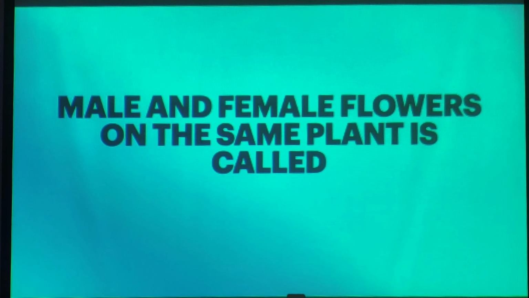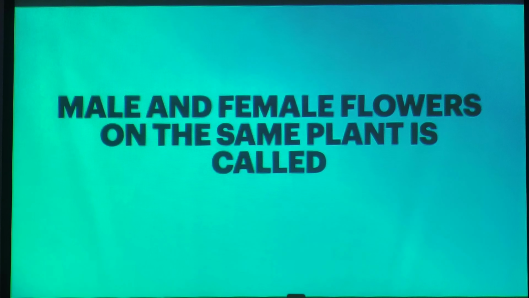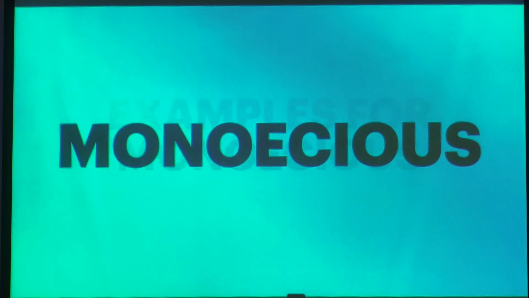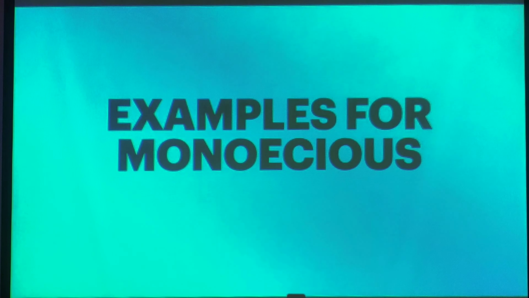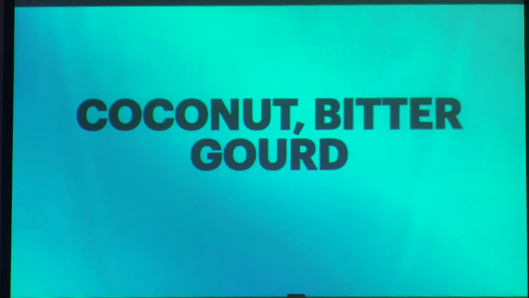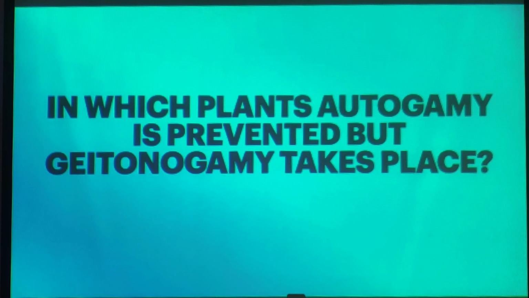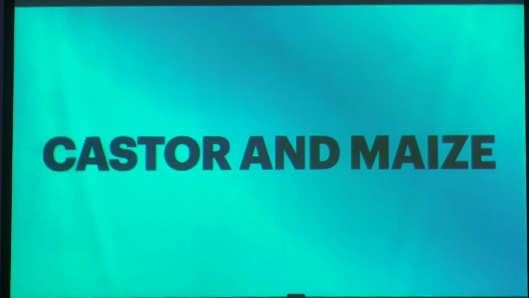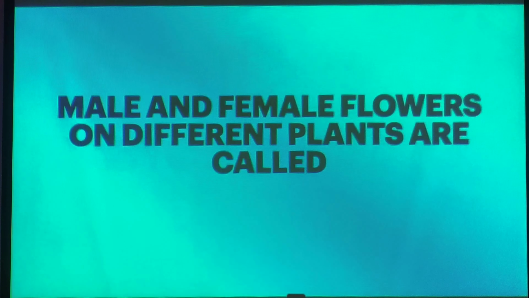Male and female flowers on the same plant is called monoecious. Example for monoecious: coconut, bitter gourd. In which plants autogamy is prevented but geitonogamy takes place? Castor and maize.